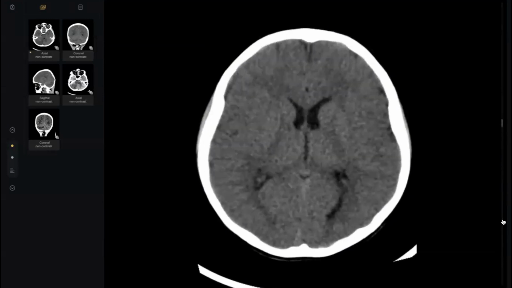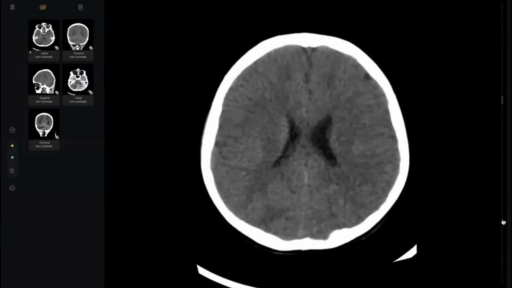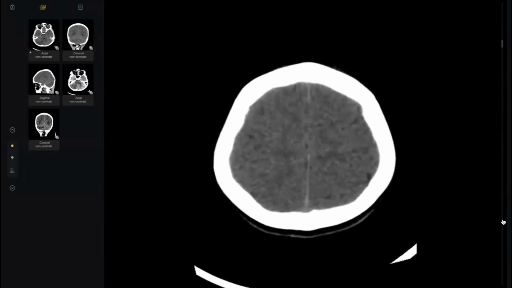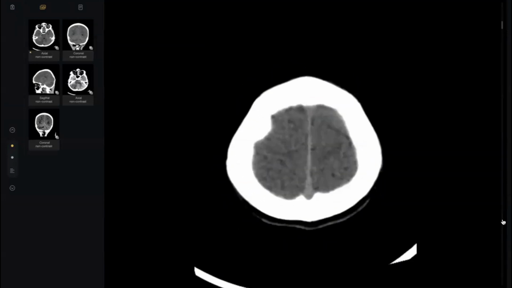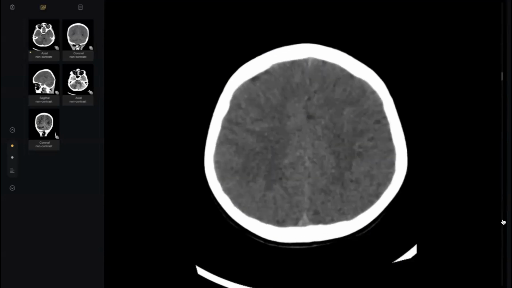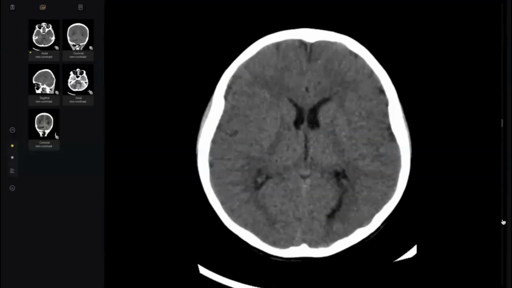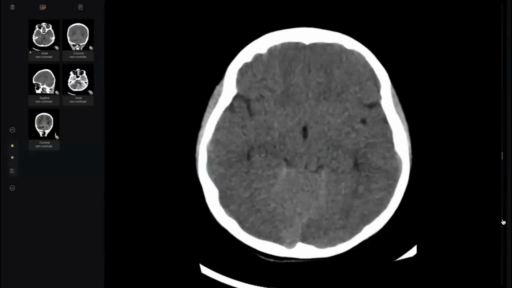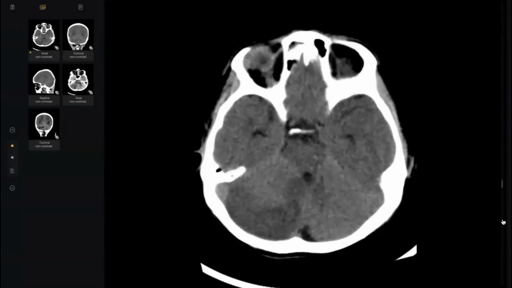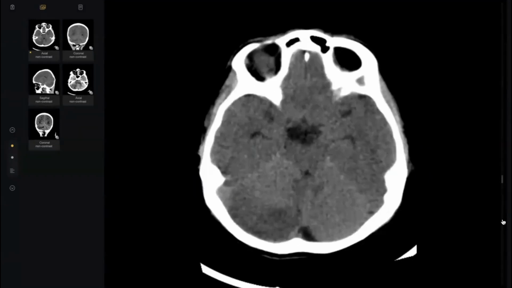I'm provided with the CT plain images of a pediatric age group patient in which I can appreciate normal cerebral parenchyma, but there is a bit of enlargement of bilateral gyri, and there is effacement of sulci in the supratentorial region.